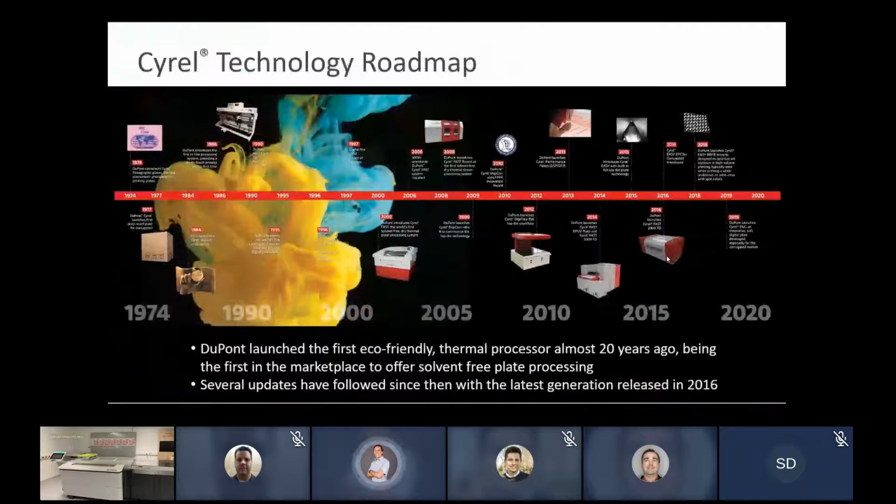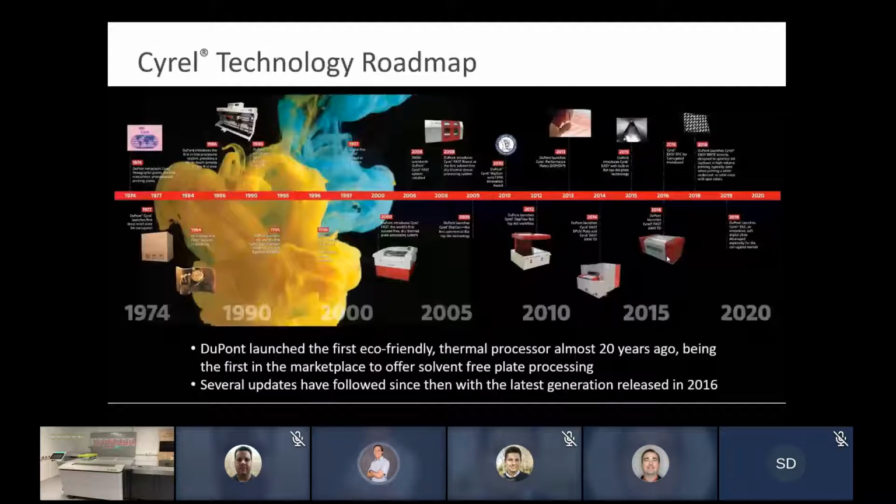So this is just kind of a technology roadmap of what DuPont has done since the 70s in the flexo industry. I'm not going to go through every one of these points and tell you all about all the amazing things that DuPont has done to advance the flexo industry, but just wanted to point out a couple of them.